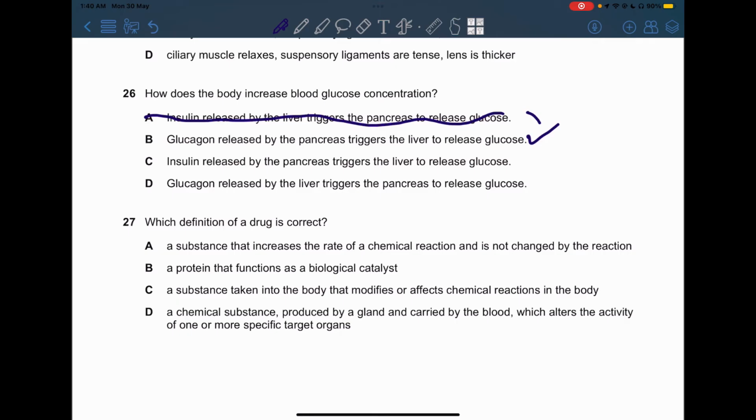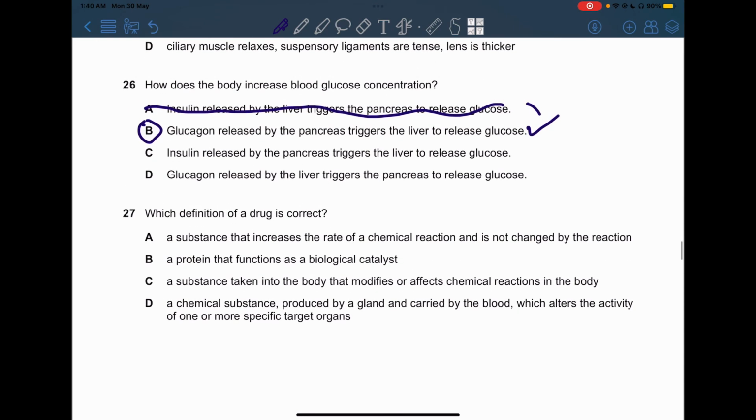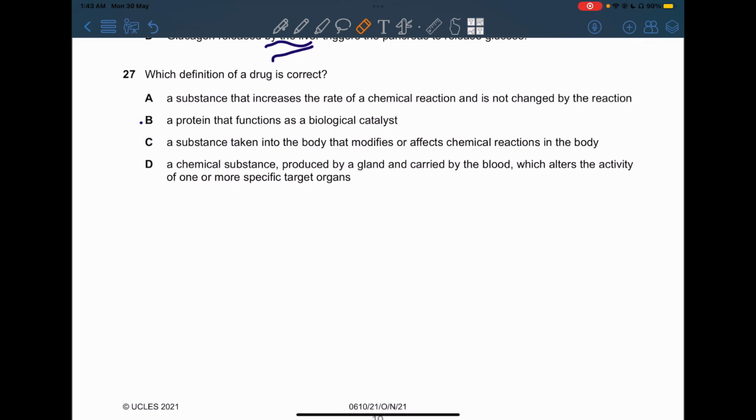So our answer is going to be B. And we know that the hormone is released by the pancreas and not the liver, because the liver is where the glycogen is stored, and this is where it gets the action of hormones on it. It's not the one that releases the actual hormone glucagon. So please take care of that over here as well.